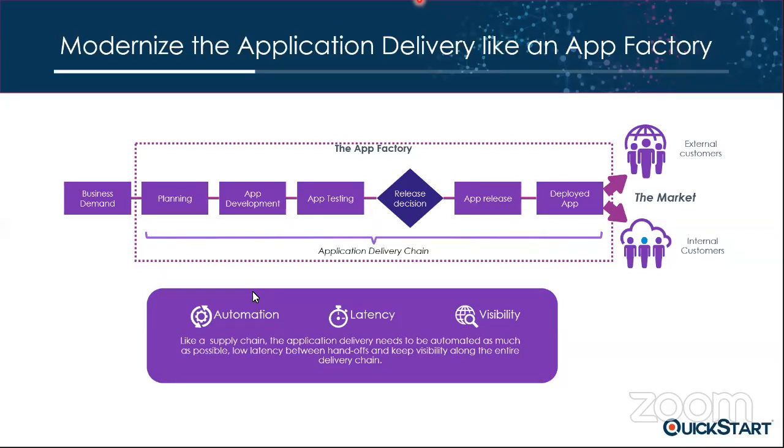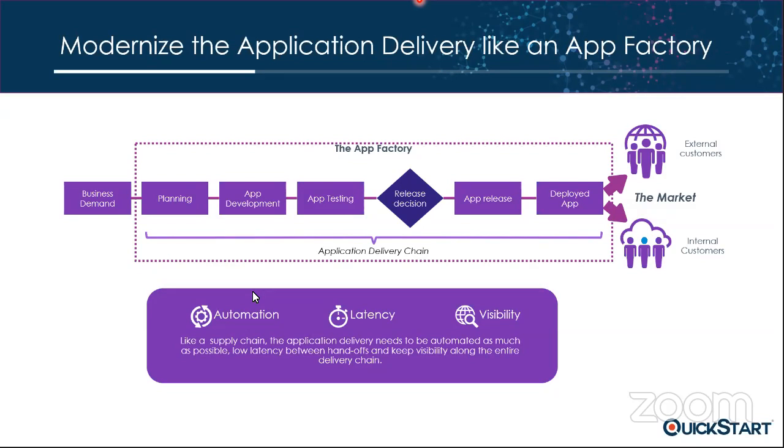So IT needs to operate like an app factory and treat the application delivery chains like a supply chain. For that reason, we are using lean or other factory terms, right? Communication and collaboration across teams are keys to success to achieve the factory's goals, like quality, delivery time, and product releases, right?